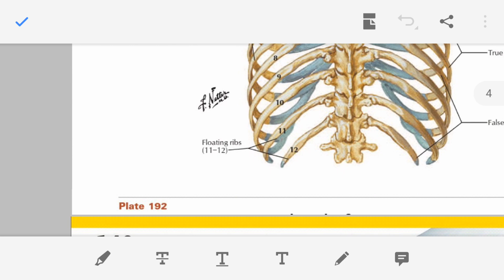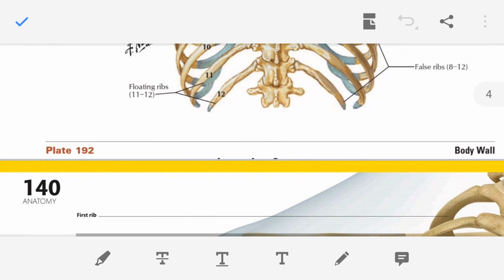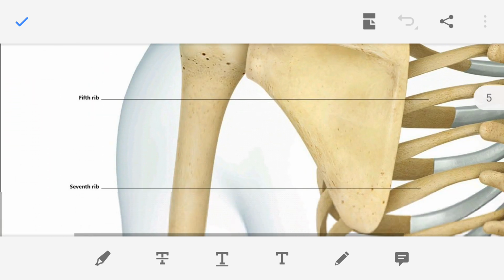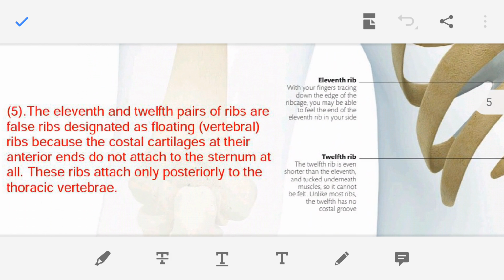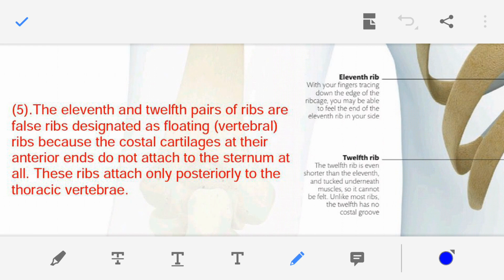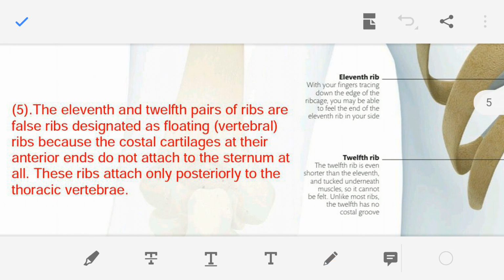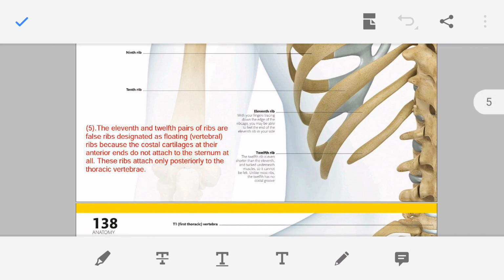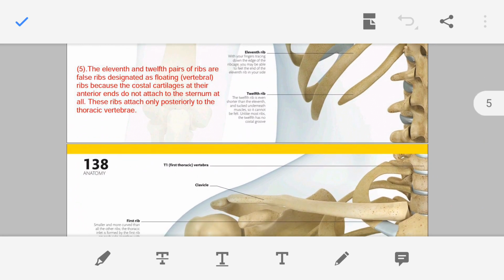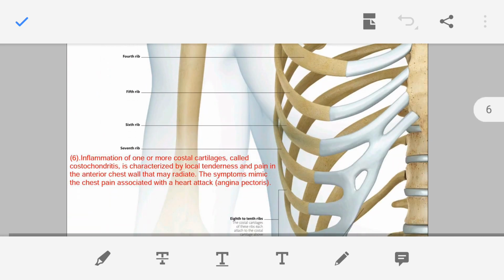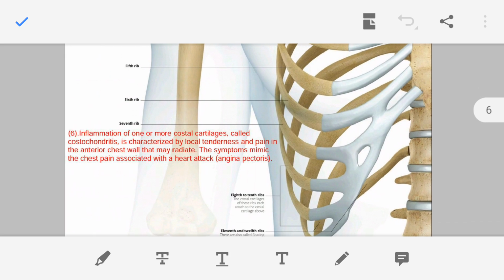So that's why these 11 and 12 pair of ribs are known as the floating ribs. Okay, so we are remembering that the 11th and 12th pair of ribs are the floating ribs. So with this we have completed the discussion of the fifth point. Now moving on to the sixth point.